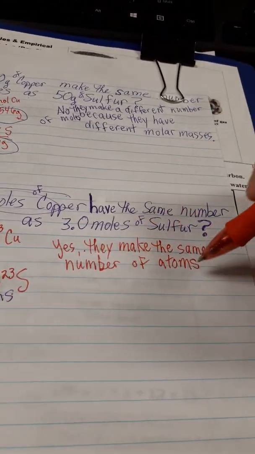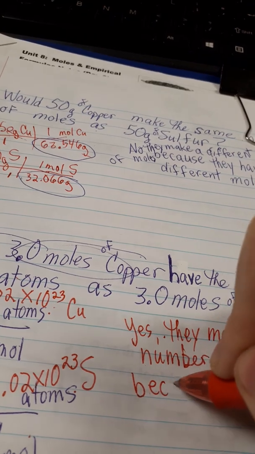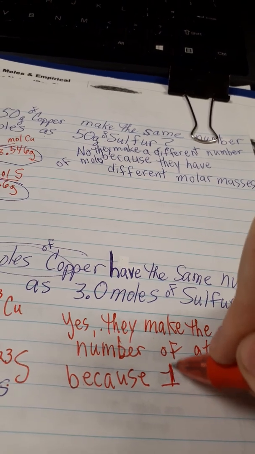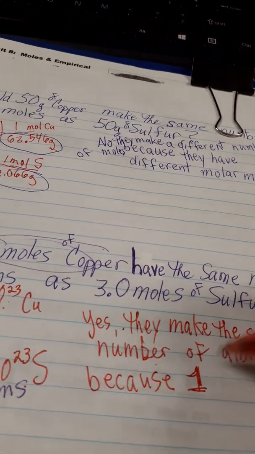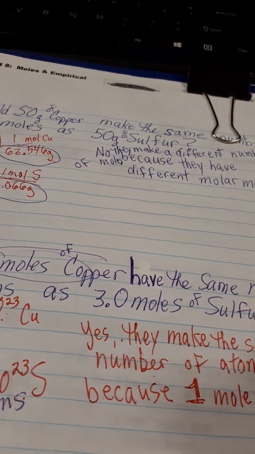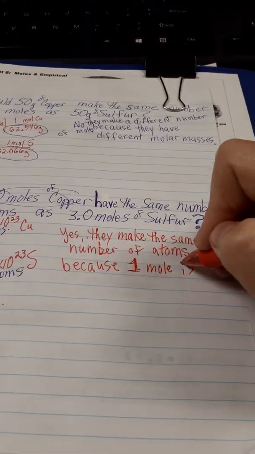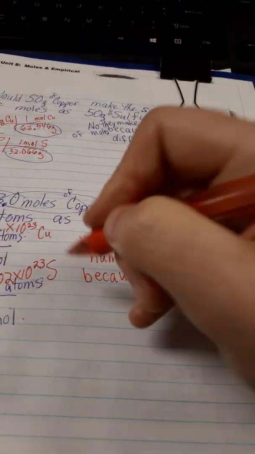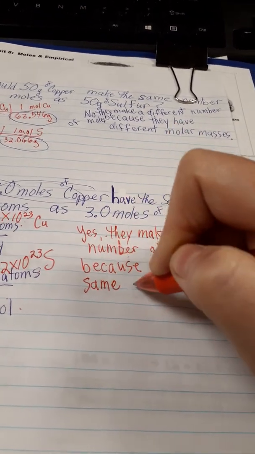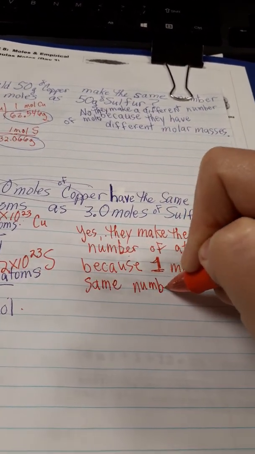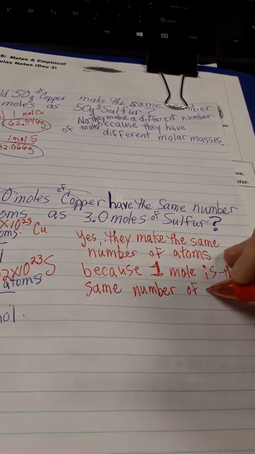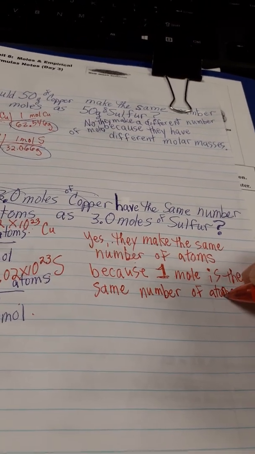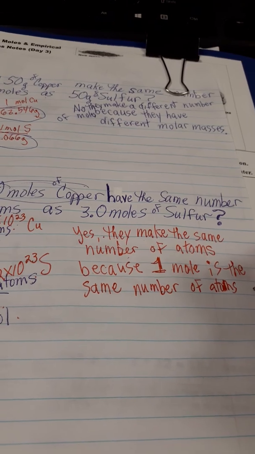Yes, they make the same number of atoms because 1 mole, and it's okay to write numbers when we're talking about numbers, I'm okay with that, because 1 mole is always, oops, sorry, holding the paper, 1 mole is the same number of atoms of any material, whether it's copper or gold or silver, sulfur.